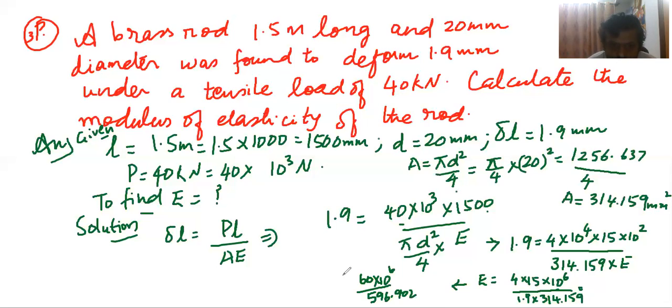So I get the value as, this is very important, students, so I'm writing that 100.5 into 10 power 3 Newton per mm square.